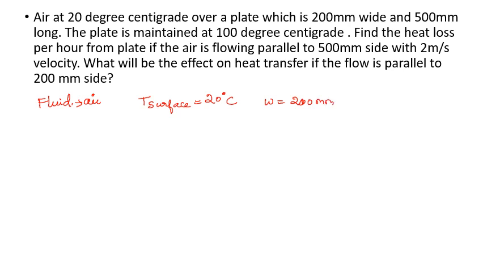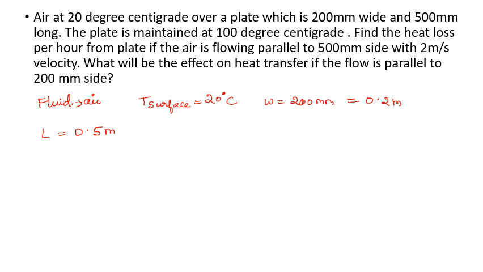We want everything in meters, so we convert that into 0.2 meter. And 500 mm long, so length is equal to 0.5 meter. Given in mm, I have converted into meter.